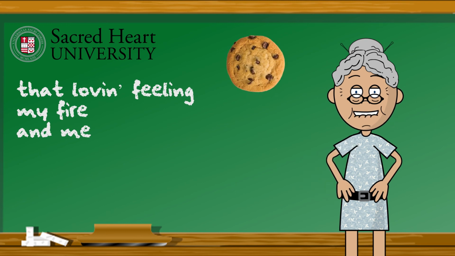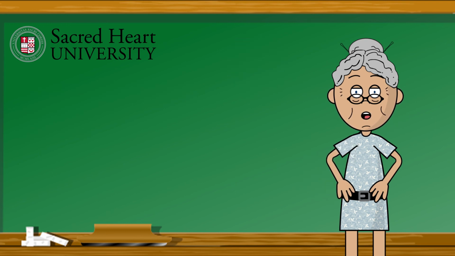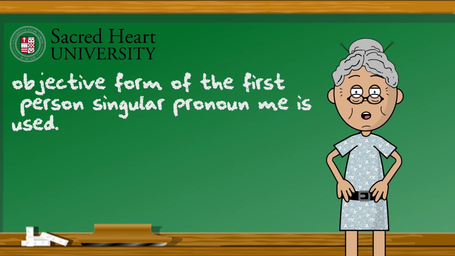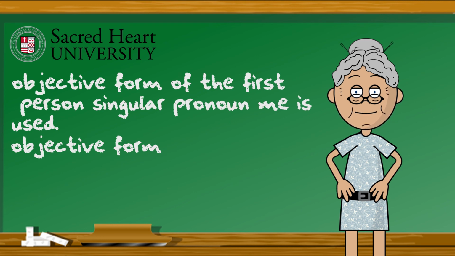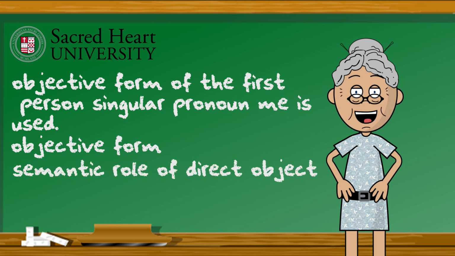And here's something else you might have noticed. In the last one, the objective form of the first-person singular pronoun me is used. Remember we talked about subjective and objective forms of pronouns? Well, here's an example of an objective pronoun. The objective form is always used, not surprisingly, when the pronoun is functioning or has the semantic role of a direct object.